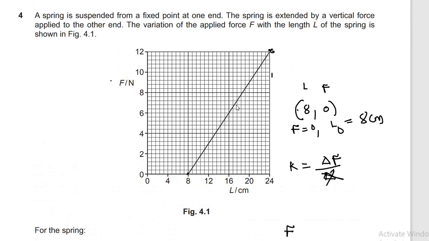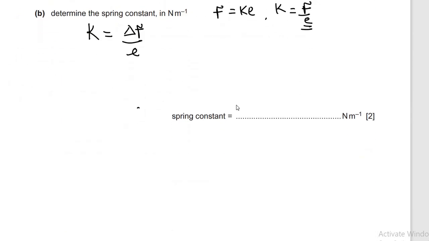The force is 12 and 0. So from here to here is 12 minus 0. Right, from here to here is 24 minus 8. So therefore, K will be 12 minus 0 over, what's 24 minus 8? 24 minus 8 is 16.